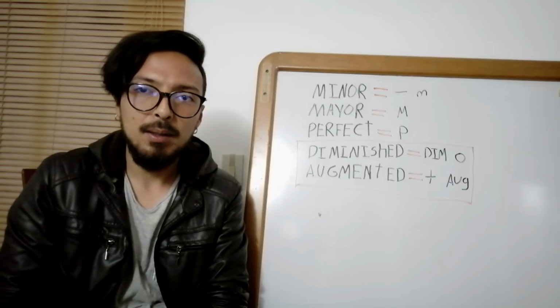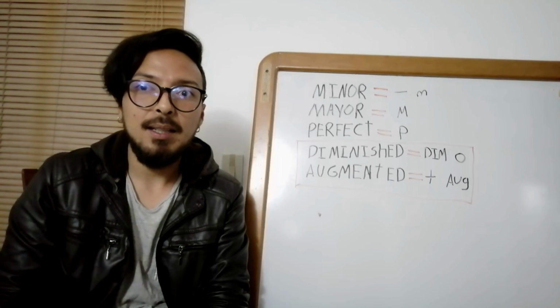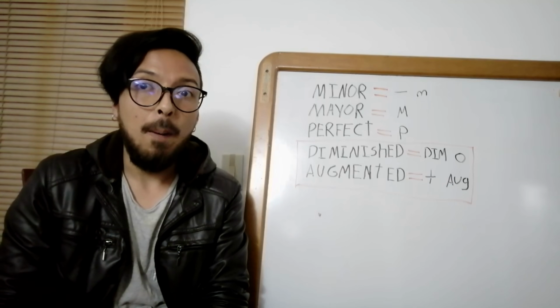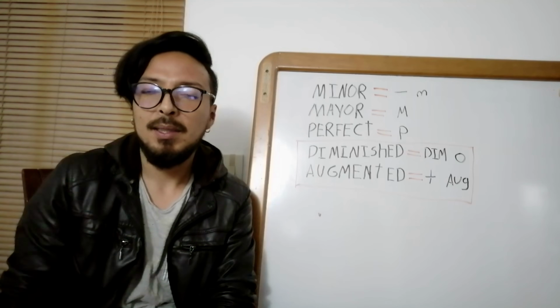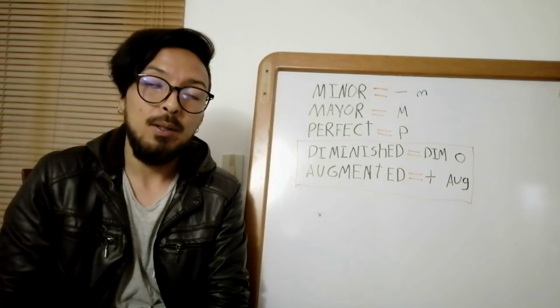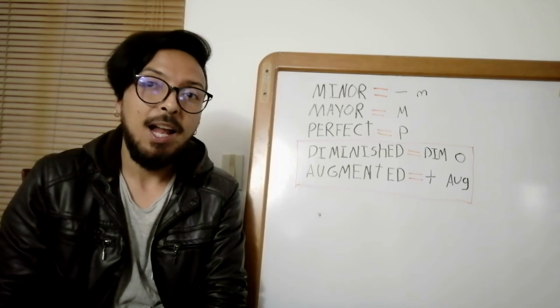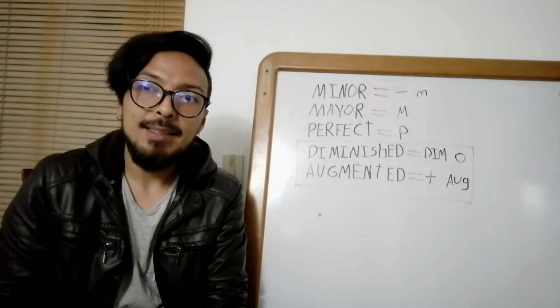For example, if you see an interval bigger than a major or a perfect interval, it's going to be augmented. If you see a smaller interval than a minor or perfect, you are going to use diminished.